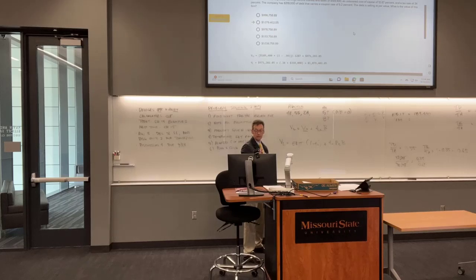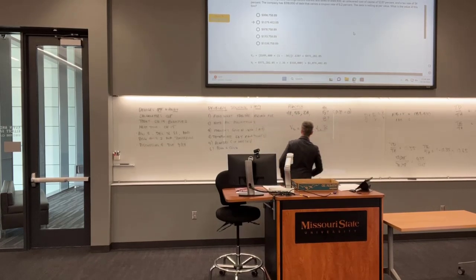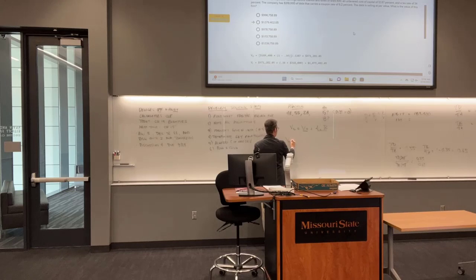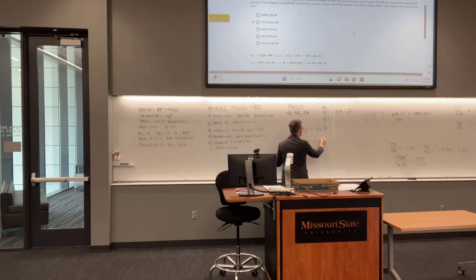So here's what they're doing. Oh, okay, so we're looking for the value of the unlevered firm. So I'm going to erase this. So the value of the unlevered firm is we're looking at EBIT times 1 minus T sub C. That's going to be the amount of money that the unlevered firm gets every year.